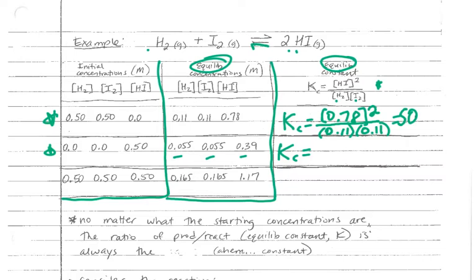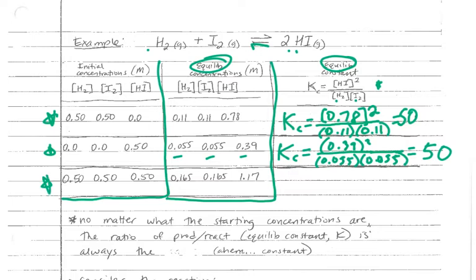So we still have it on the top of the reaction, 0.39 squared divided by 0.055 times 0.055. Do the math. K turns out to be 50. Same as we got before.